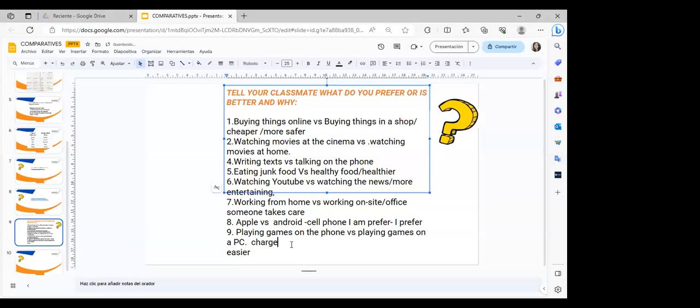You would say like lasts longer, I guess. But the charge lasts longer. Lasts longer. Those are good reasons, Alexander. Very good. Okay, teacher.